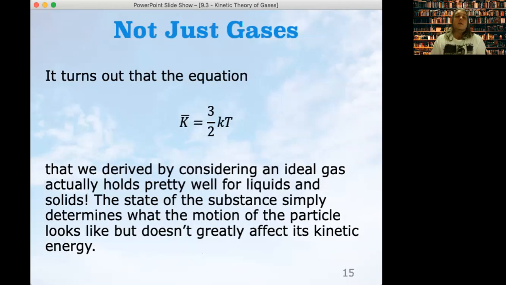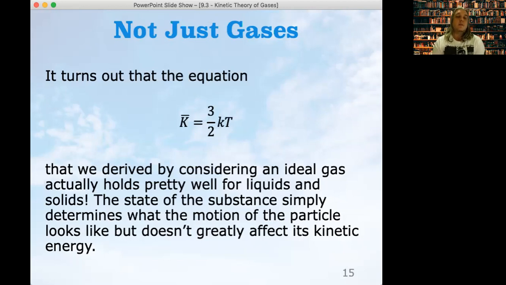It turns out that this equation, even though we got there by saying, let's consider an ideal gas, right? And I made a big deal out of saying that when we make all these assumptions about an ideal gas, we have to be aware of where these assumptions stop, where they break down, and we can't assume what we've done is correct anymore. But it actually turns out that the result we just got, the kinetic energy is equal to 3/2 kT, that result actually holds pretty well for liquids and solids, not just gases.